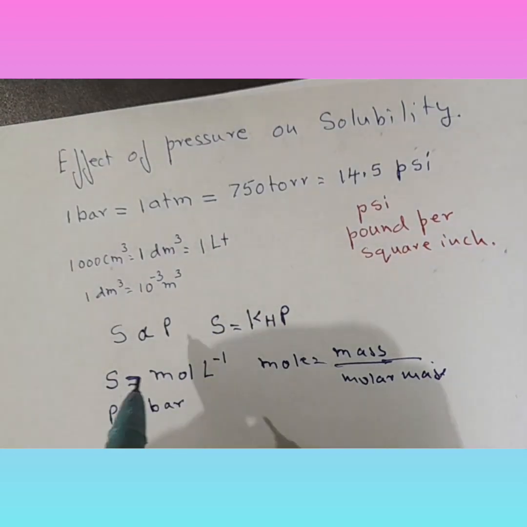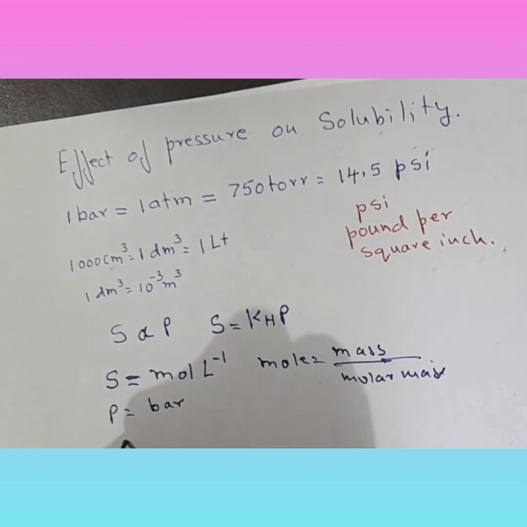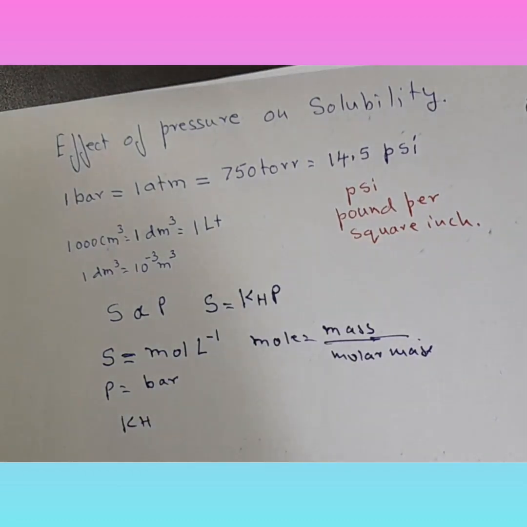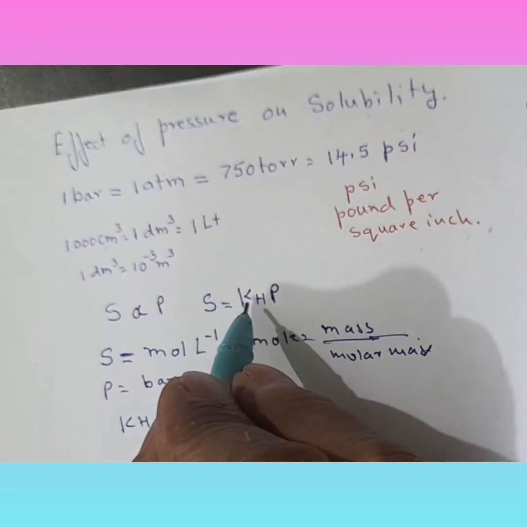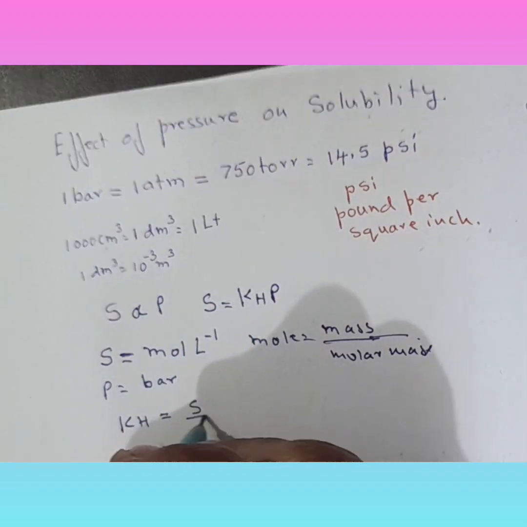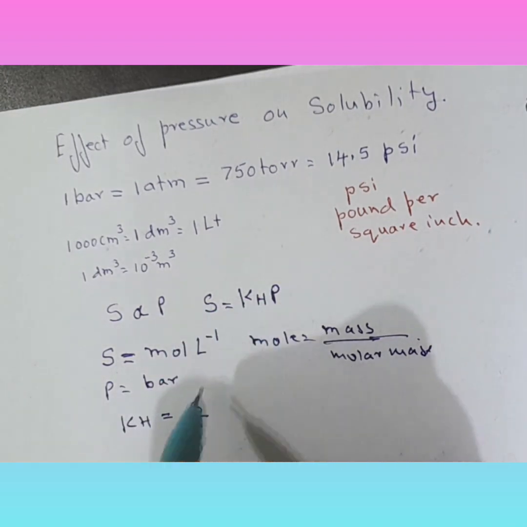So suppose I intend to get the unit for KH, it would be S over P. This P would come below S, solubility and pressure.